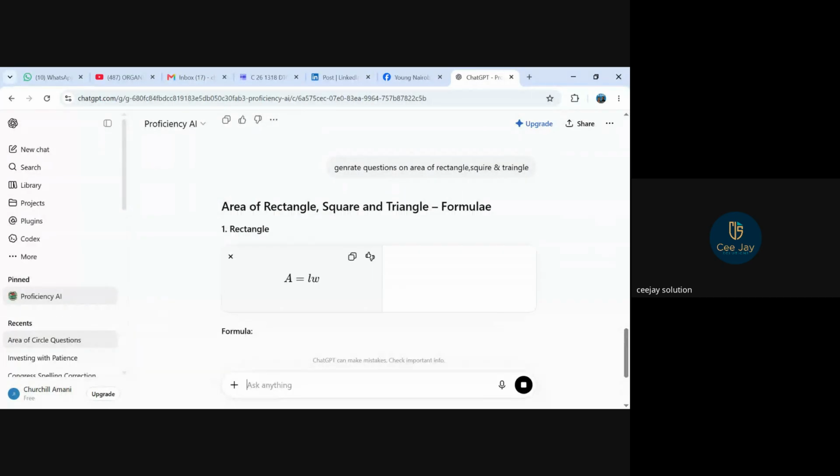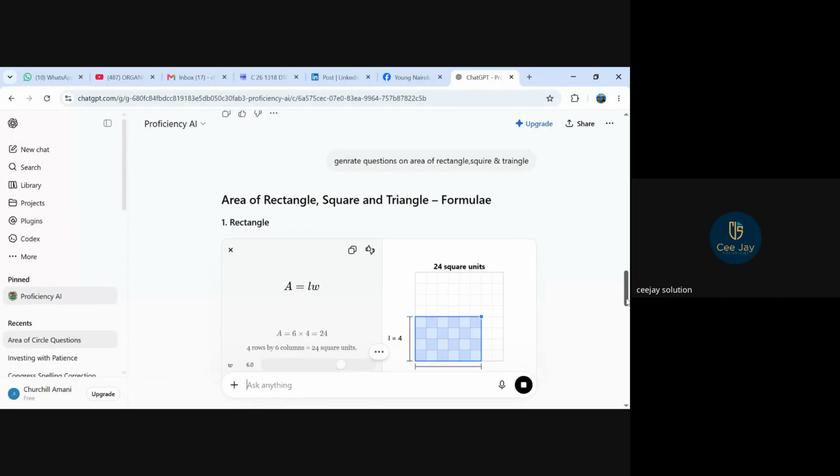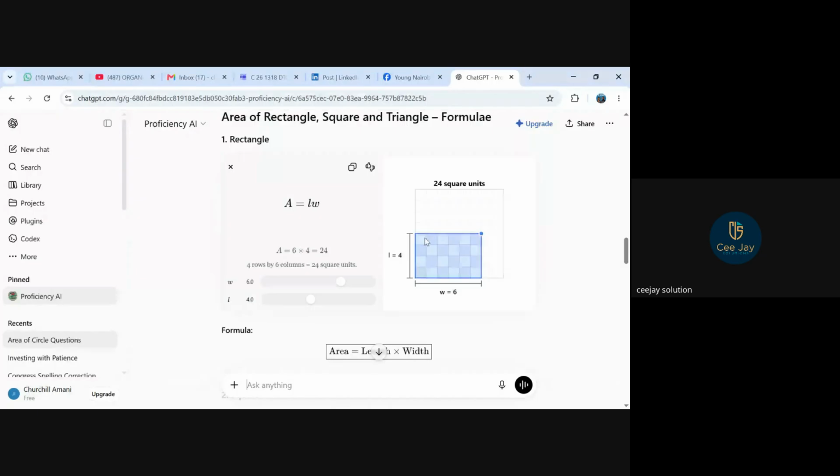I hope proficiency high will be able to help us. So area equals to length times width. Length times width. So area, let's say for example, here's the rectangle. You can see the rectangle.